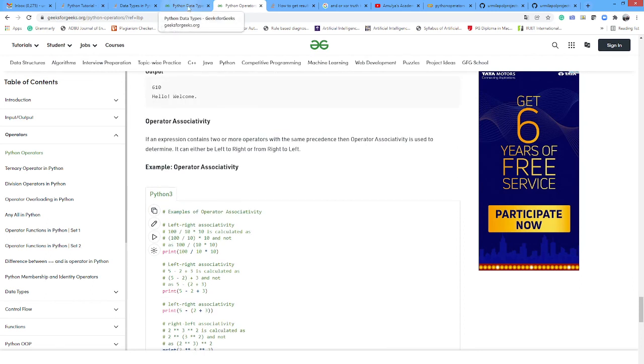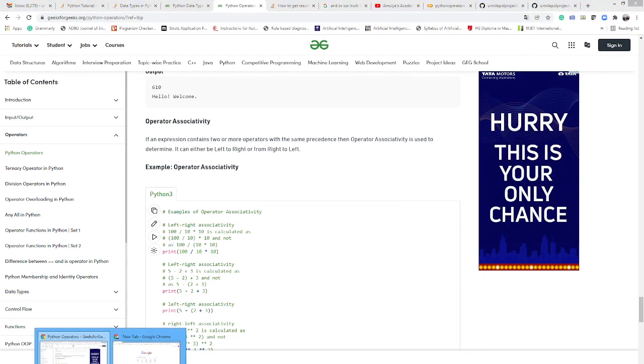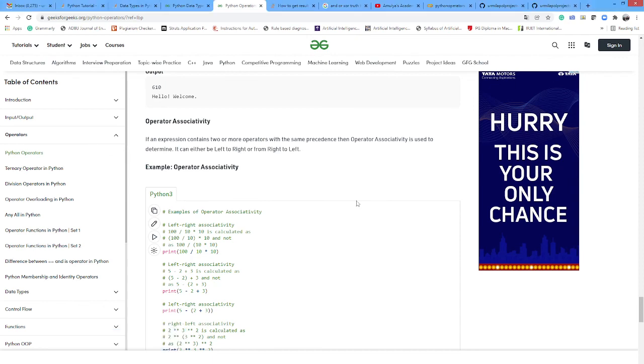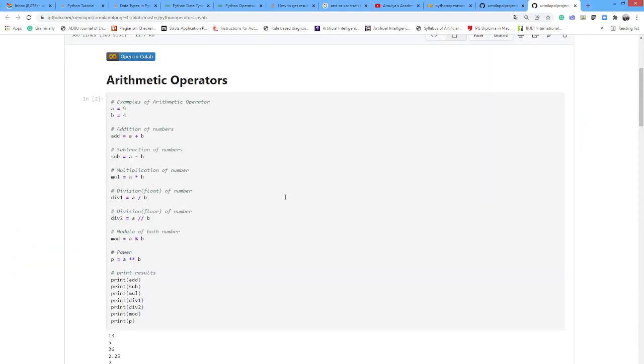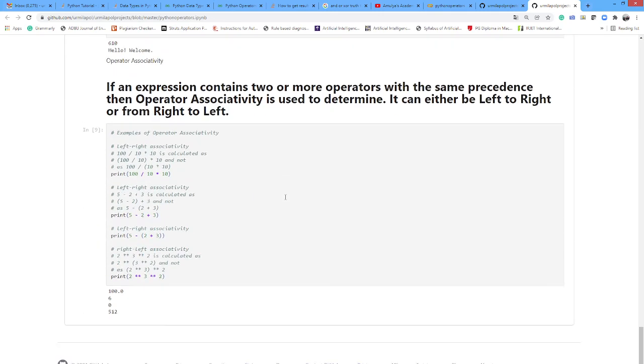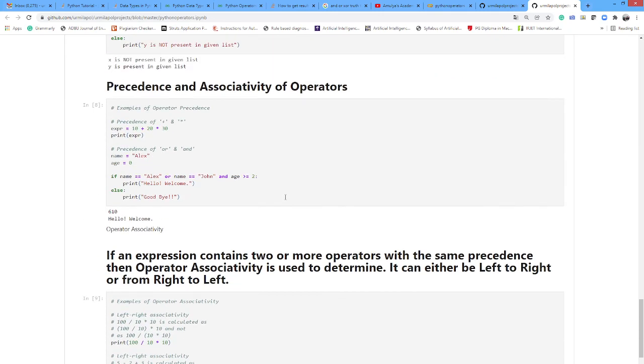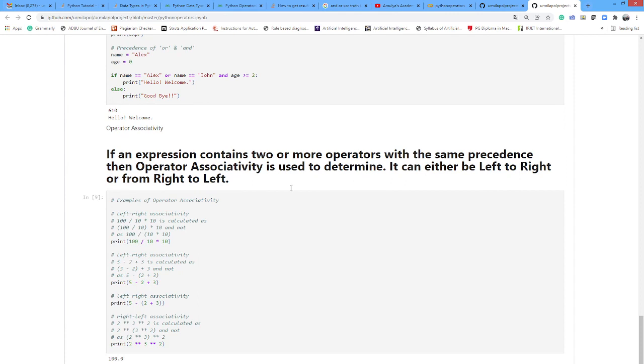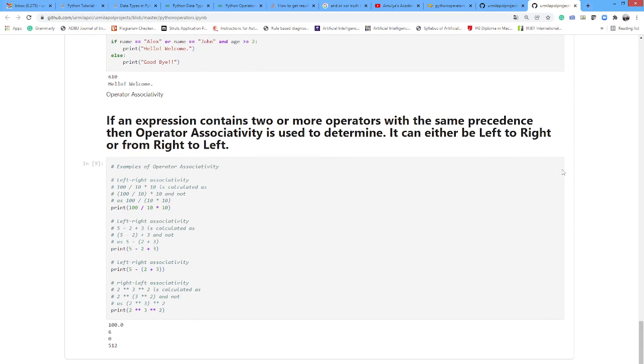Operator associativity. If an expression contains two or more operators with the same precedence, suppose plus and plus, two operators are there and their precedence is the same, then it can go either left to right or right to left.